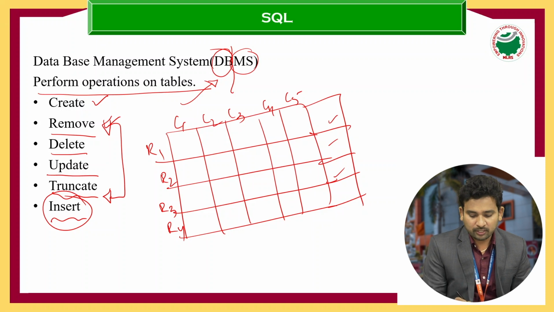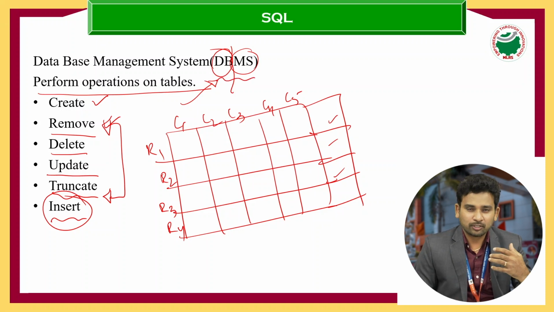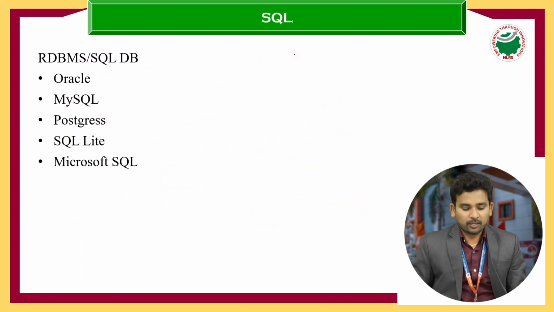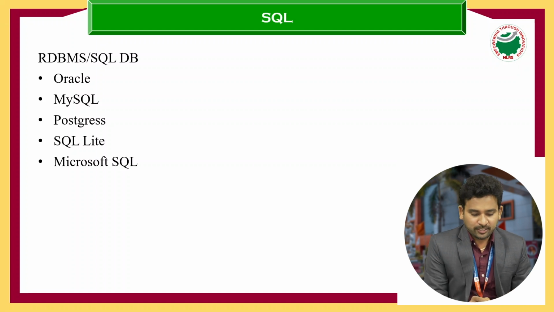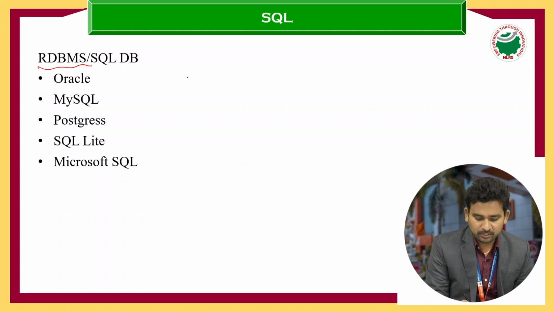So this is what database management does: performing operations on top of tables is called a database management system. Now, in industry we normally call it an RDBMS. What is RDBMS? It is nothing but a relational database management system.